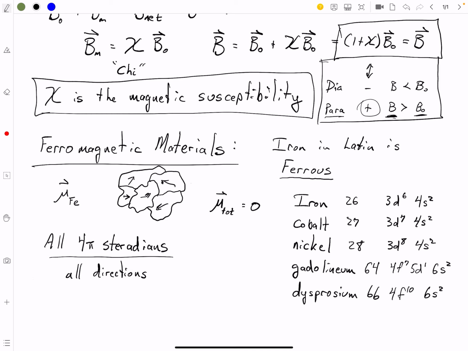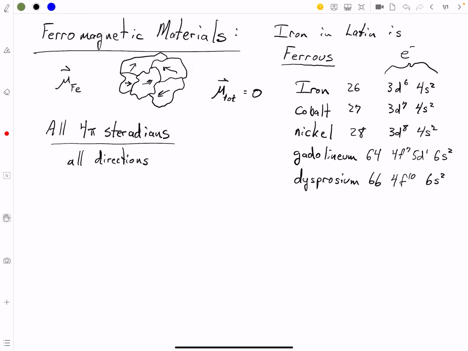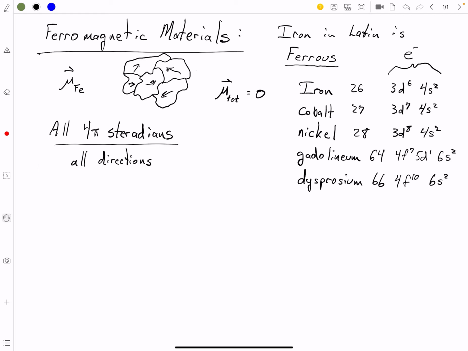The reason why I'm writing these electron configurations is because it's those electron configurations that give these materials the magnetic property that they have. So it's interesting to see that they all have this extra little piece, right?